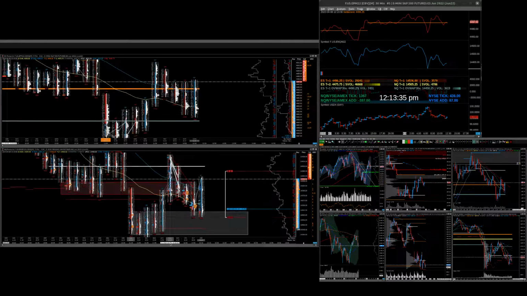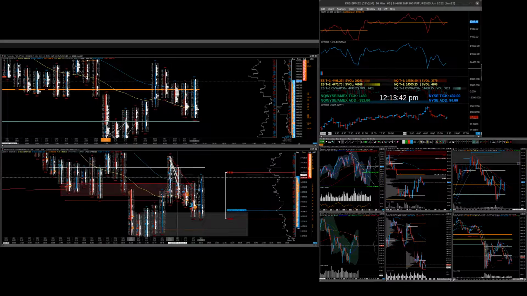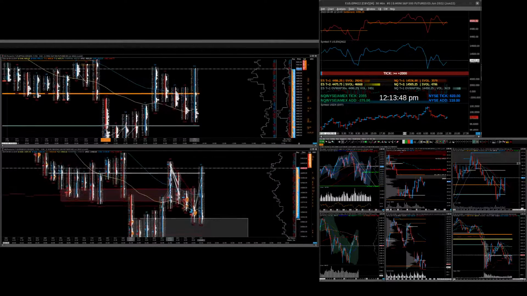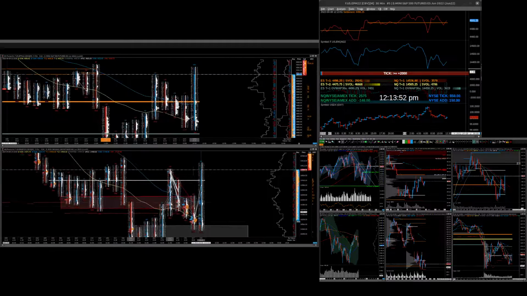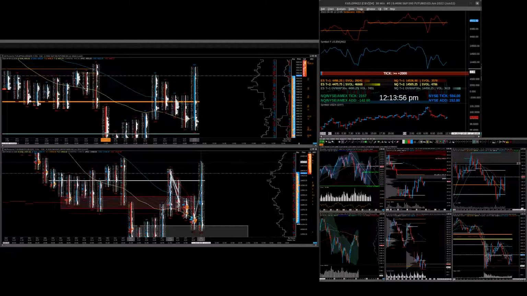Boom. Is this a big volume node up here? Oh, starting to build right here. Is this a big volume node up here relative to down here? No, it's not. Boom. Took it out. Cha-ching. Now we're going. So that volume build produced big time move.